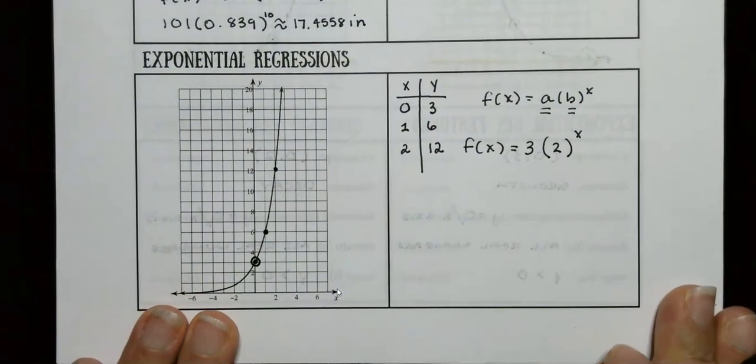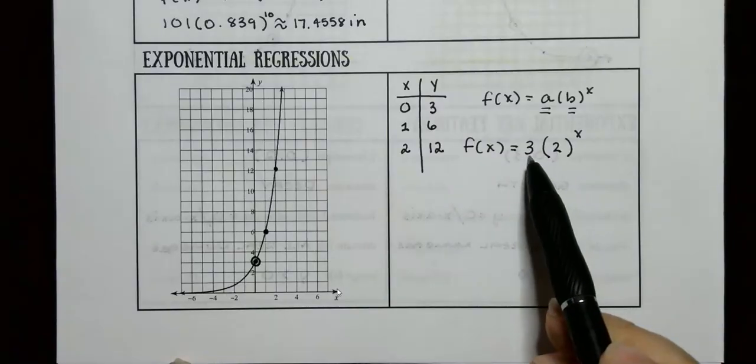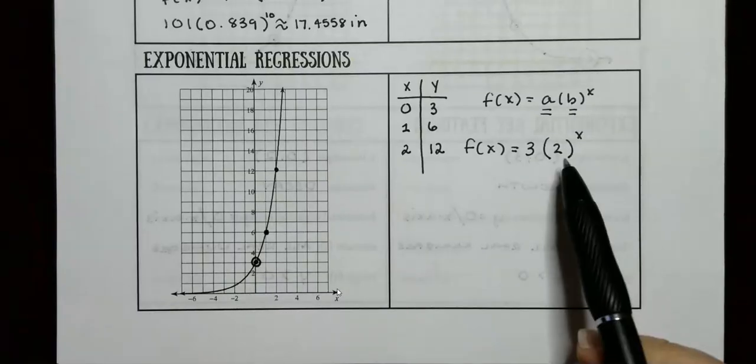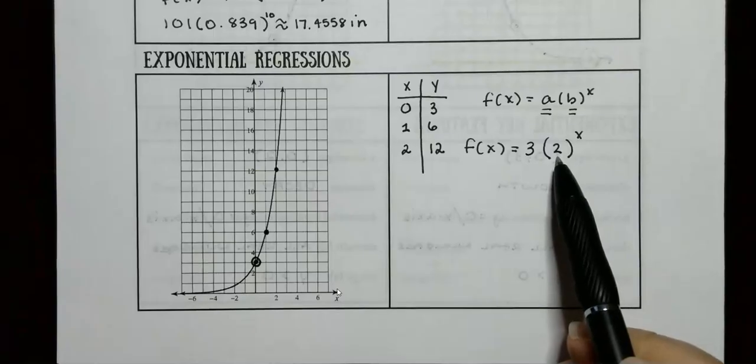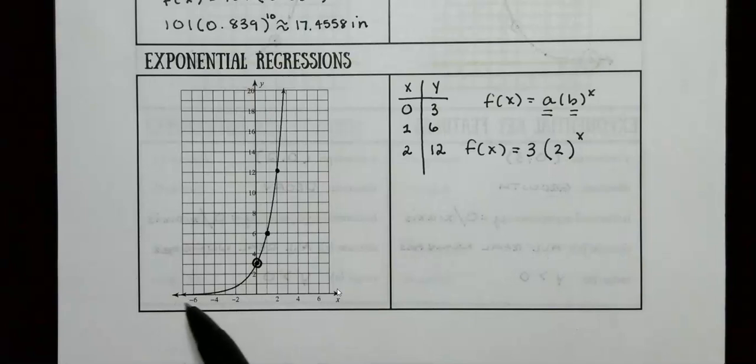And if you're looking at the equation and the graph that was given to us in the first place, we can easily see that the 3 in the front, which is our a value, is our y-intercept. We can also see that the 2, which is our b value, is a number greater than 1. And we can see that it matches because that tells us that it's an exponential growth. And with that, we know that the graph is growing or increasing from left to right.